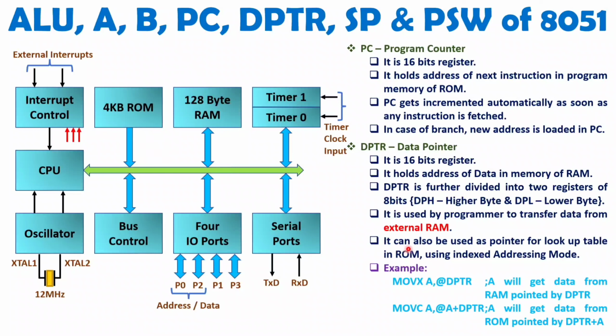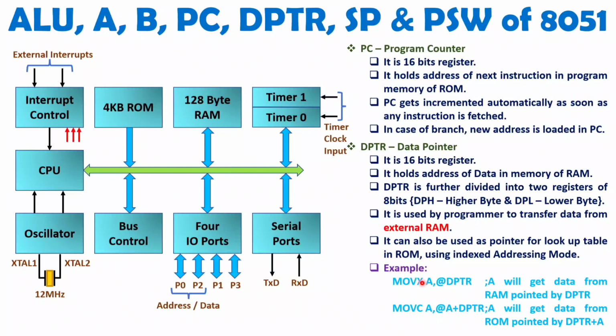To access that, you can use this DPTR. Here you can use the indexed addressing mode, by which we make use of DPTR. Let me explain by example. When you have a lookup table operation, remember you will have to write MOVX. Do not forget this X, right?